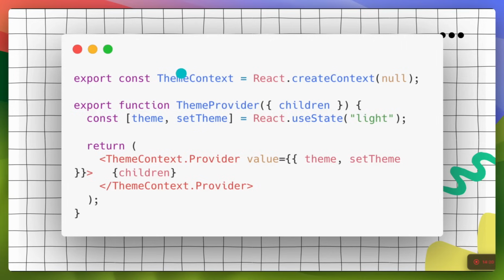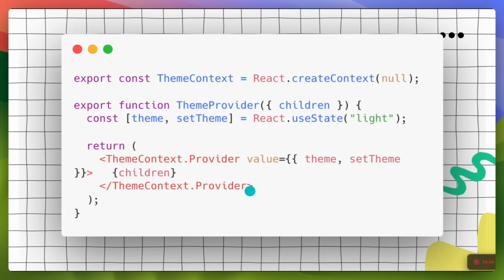So first of all, you create a theme context using the React createContext API. Then you create a theme provider component. Now all this component will do is receive children as a prop and return the children embedded within the theme context provider.